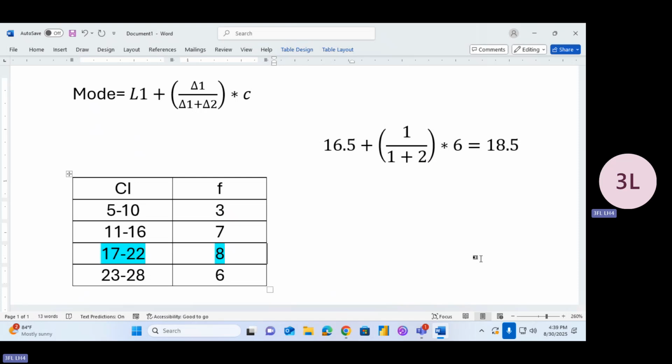Now it's clear. I will give 2 minutes, go through and check it's clear or not.